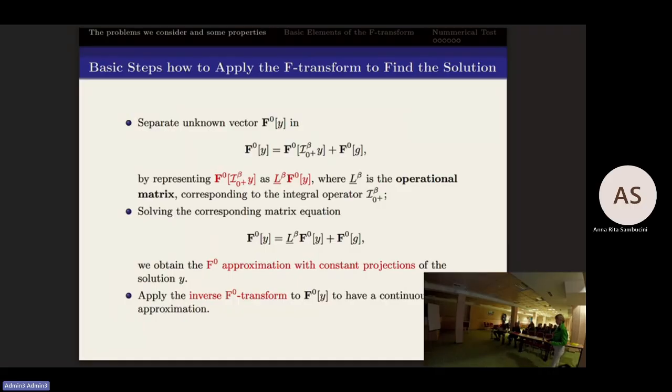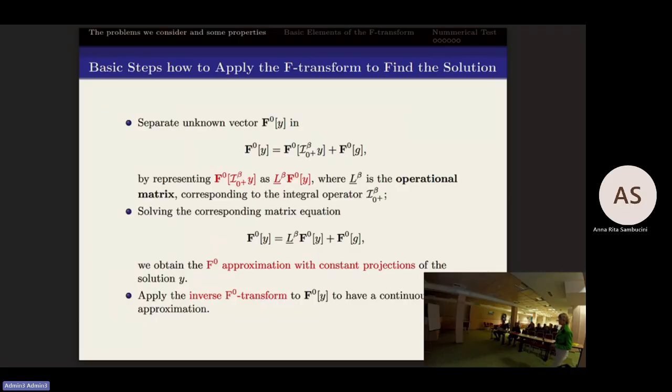So after all these explanations, the basic steps are as follows. Take the equation, represent it in this form, then replace this integral part by the linear form. This is the most tricky part: how the integral operator can be represented using a matrix multiplied by a vector. It is possible, and the trick is just to extract the so-called operational matrix. This part will be explained by Tom.